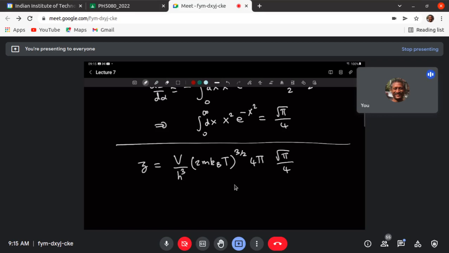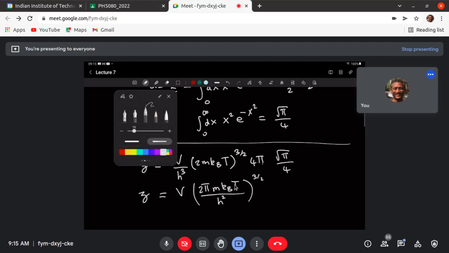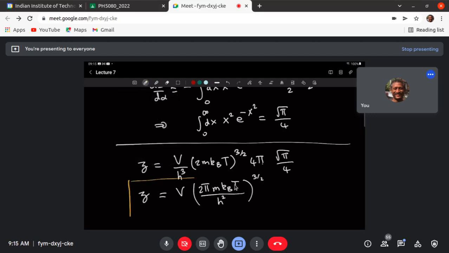The 4's cancel and the pi can be taken inside, so we get V into (2 pi m kbT) and I'll take the h also inside and write it as h square, all to the power 3 by 2. So at least this formula is true semi-classically. Are there any questions and comments? This is just a simple example.